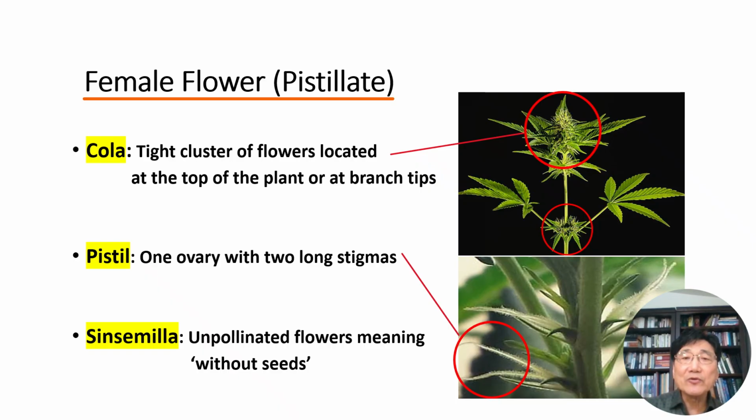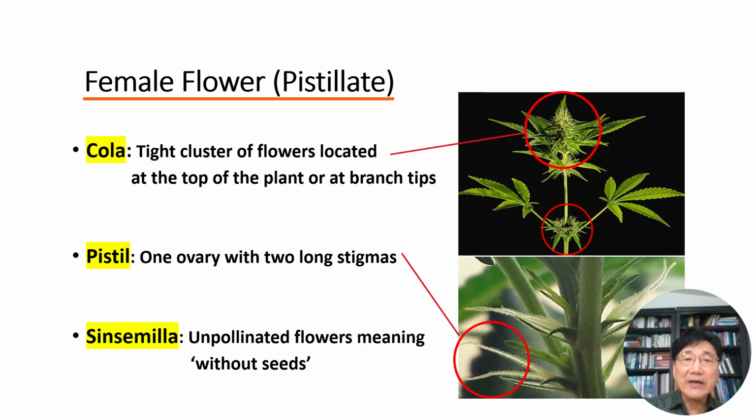A closer look at one of the female flowers reveals strikingly hair-like strands, the stigma of the pistil, which are responsible for catching pollen from male plants. Stigmas start as white and change color to orange, red, or amber as the plant matures.